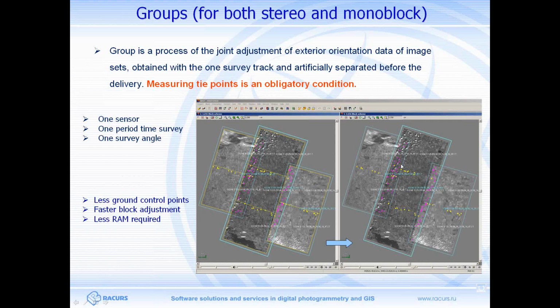So finally we have one image like this, one image like this, and one image like this. The idea is to use fewer ground control points and to make a faster block adjustment, but the requirements for memory increase. Of course, you have to measure tie points to make the groups, the patchworks of these images.